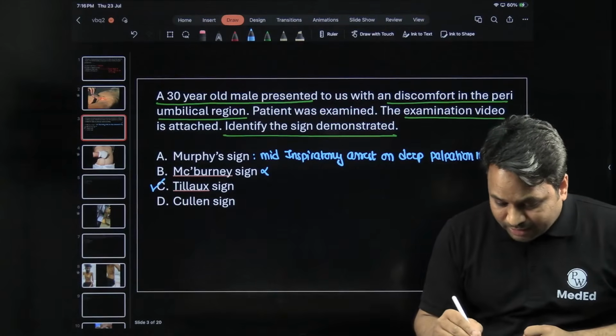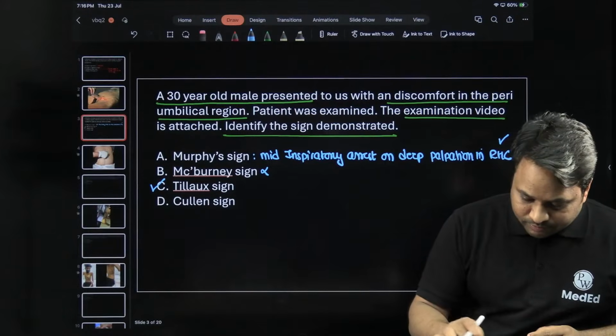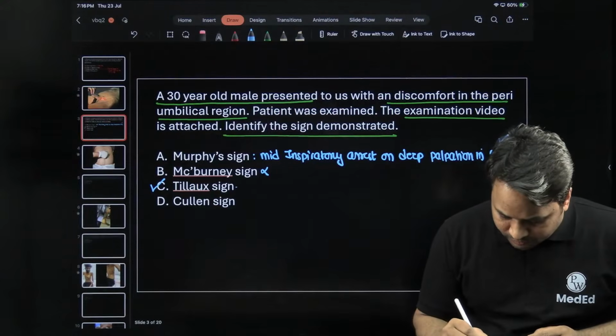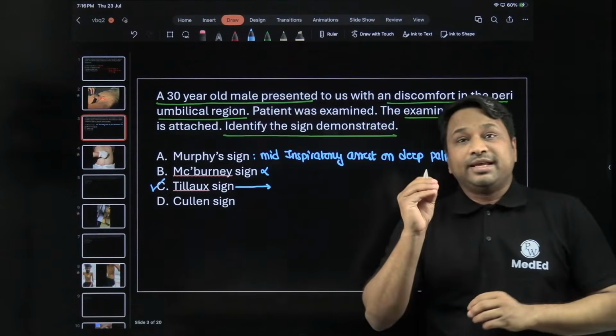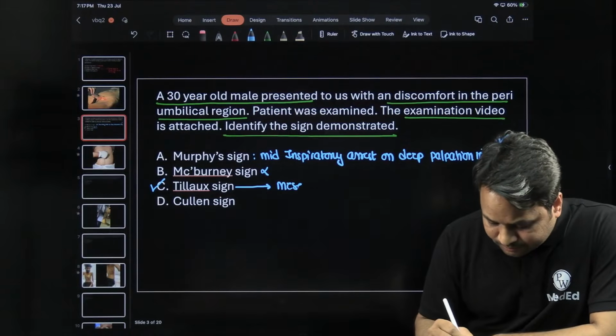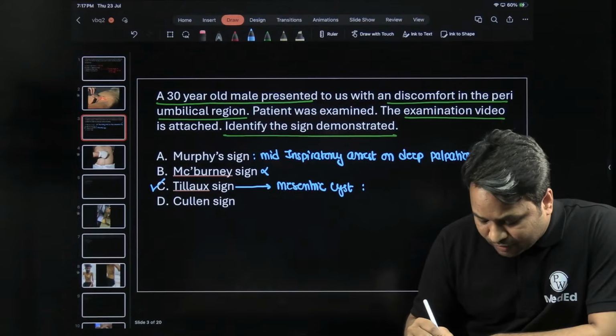So what is Tillaux sign? The Tillaux sign is the swelling that you're going to palpate. You'll usually find it in a mesenteric cyst. The mesenteric cyst usually arises from the mesentery.